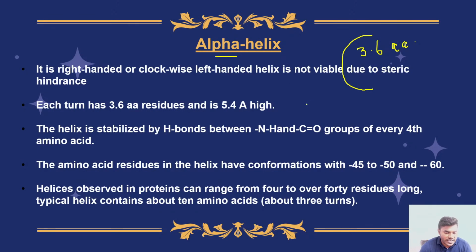If you keep the amino acids in linear form and if you arrange them in a ringed structure, the length will be different. So we don't use the word length; we always use the word pitch. I have very clearly told you that the pitch will be 5.4 angstrom. Please do not get confused with this.